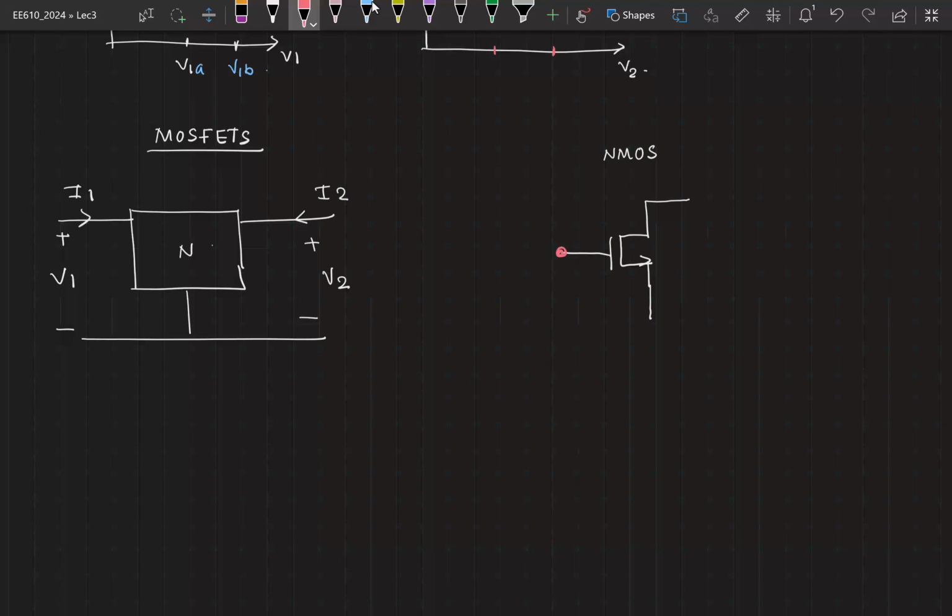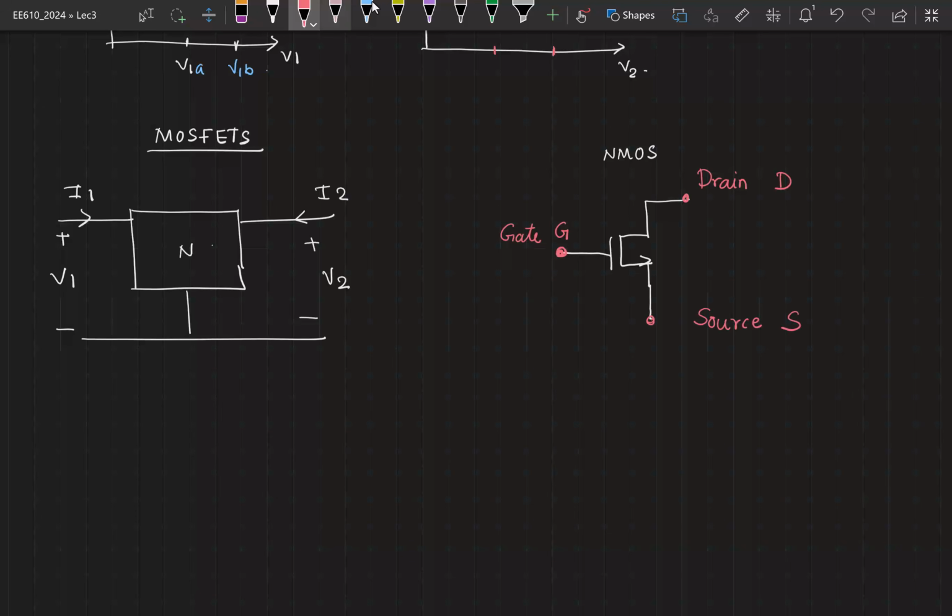This terminal is called the gate, represented using the letter G. This terminal is called the drain, represented using D, and this is your source terminal.